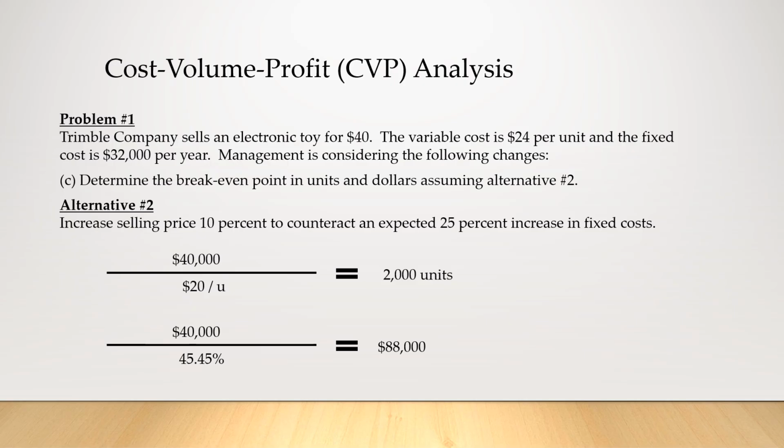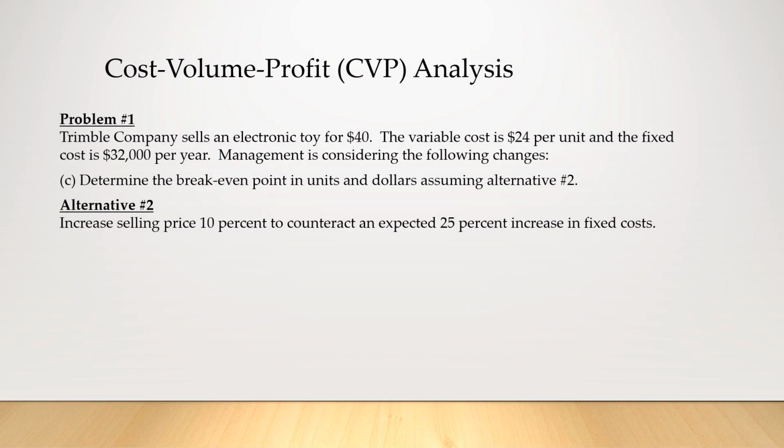You can verify this amount by multiplying the break-even point in units by the revised sales price per unit, which is exactly $88,000. You can also verify the break-even point with the following contribution margin income statement.